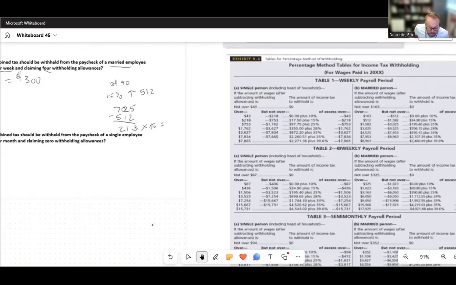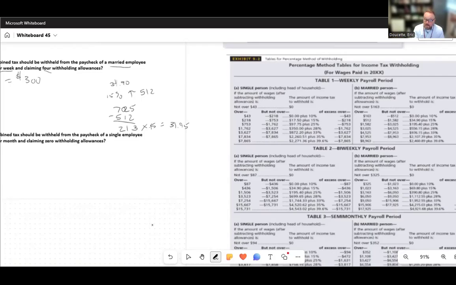I don't have my calculator in front of me, but I have to pay 15% on $213. So let me do that real quick. Let's see. $213 times 0.15 equals $31.95.